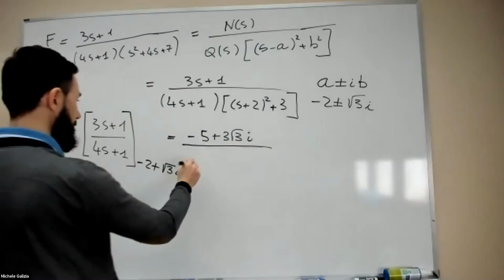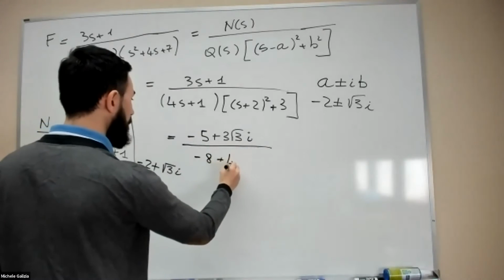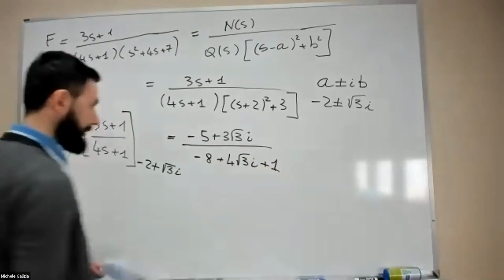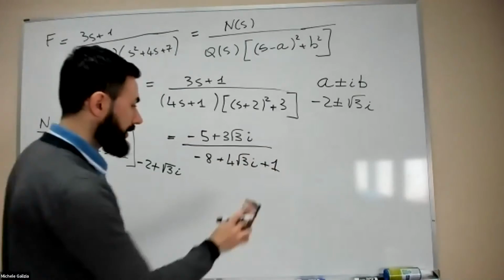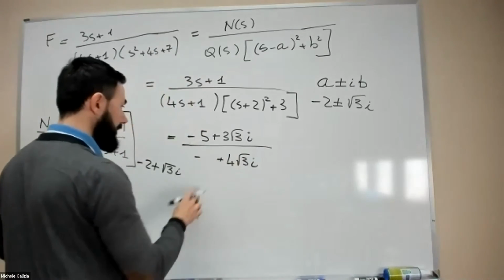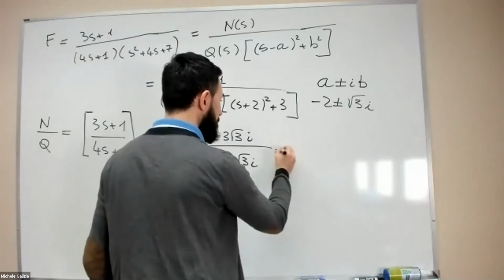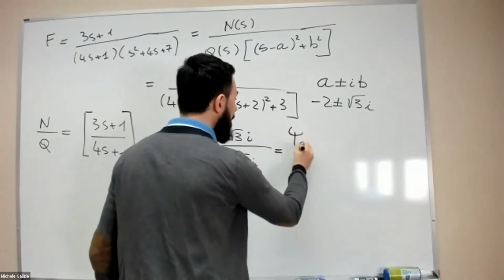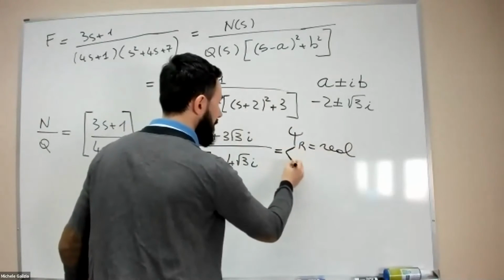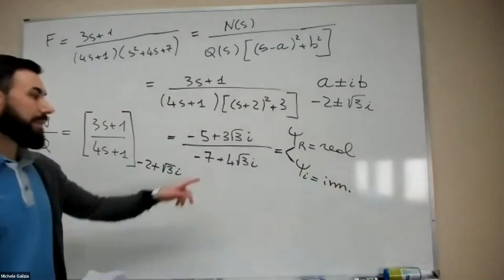So minus 8 plus 4 square root of 3i plus 1. And let me simplify this directly as minus 7. And basically now psi r is the real part of this number. Psi I is the imaginary part of this number.